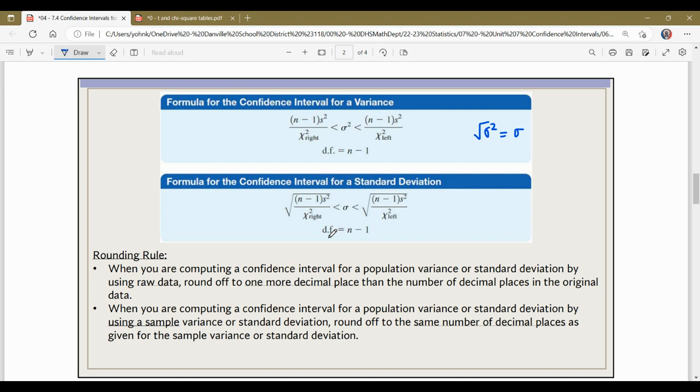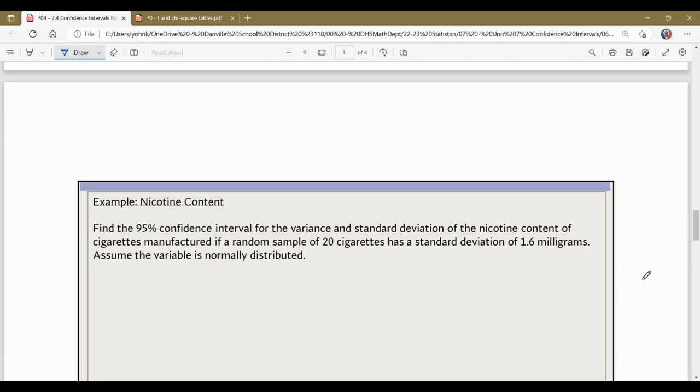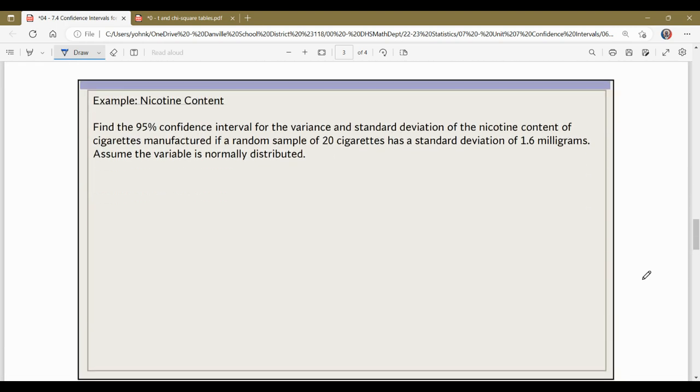The second rounding rule, when you are computing a confidence interval for a population variance or standard deviation, and you're using a sample variance or standard deviation, then you round off to the same number of decimal places as that given sample variance or standard deviation. So same rounding rules as section 7.1 and section 7.2.